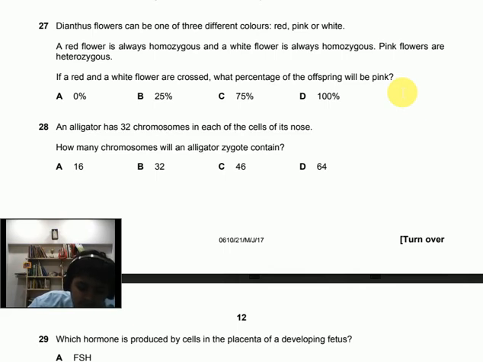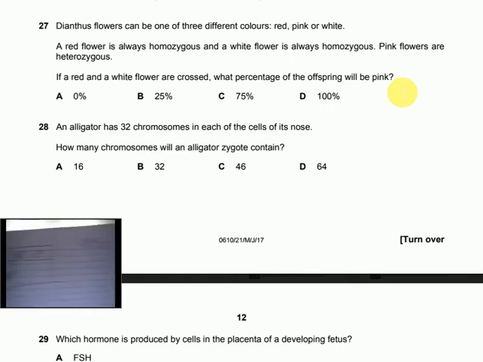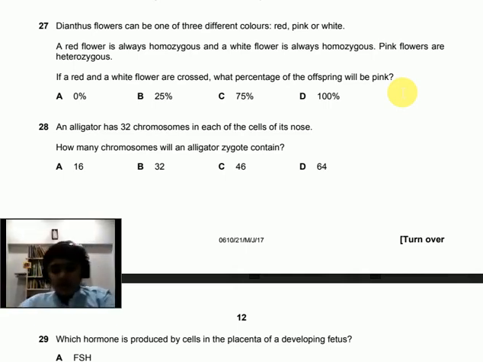And the white one as PW. This PR and PW is your genotypes.